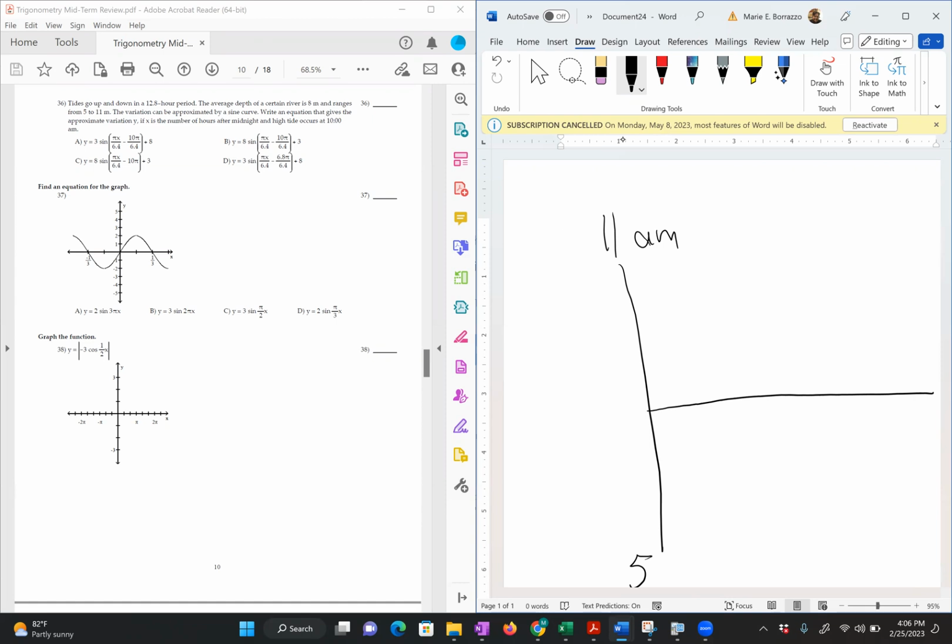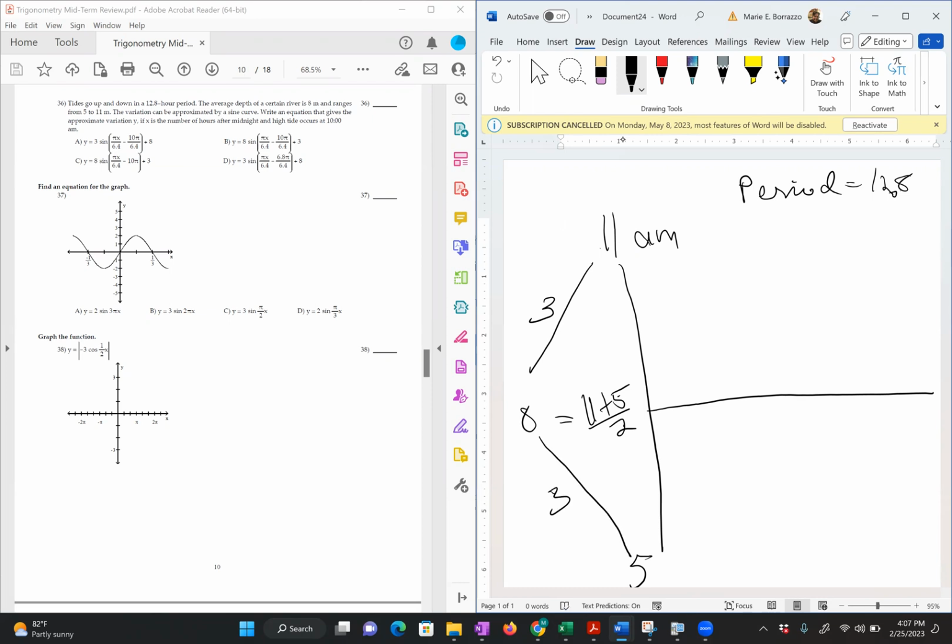They're telling you the period is 12.8 hours. The range here, if I do 11 plus 5 and divide this by 2, I get 16 divided by 2, which is 8. So between 8 and 11, I'm looking at a difference of 3.